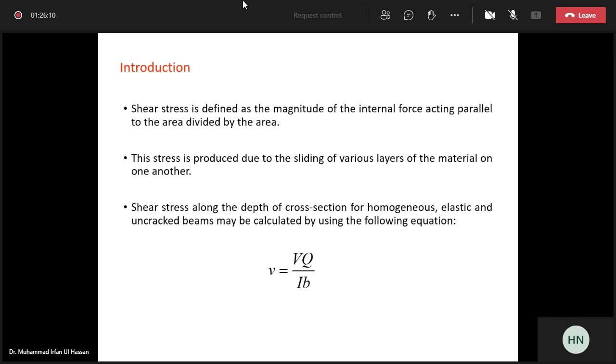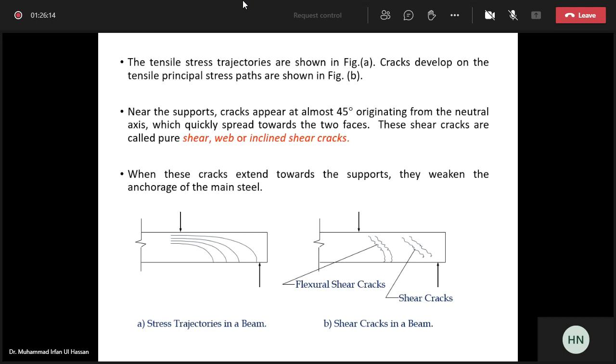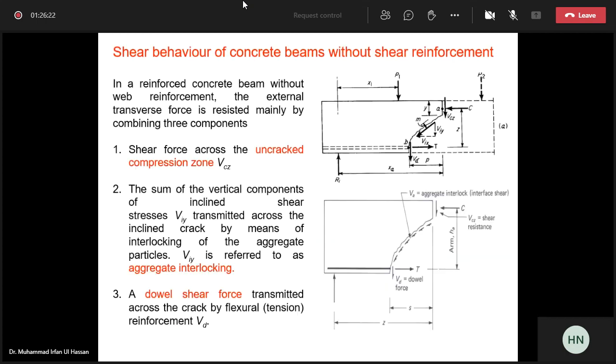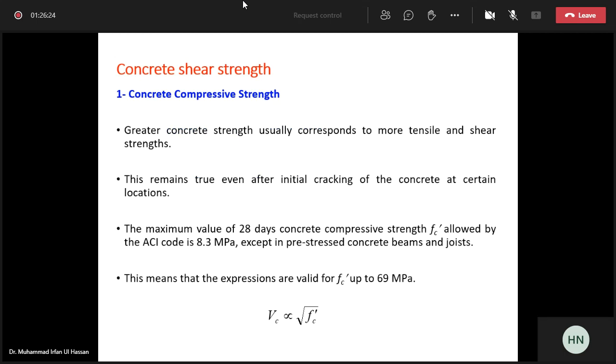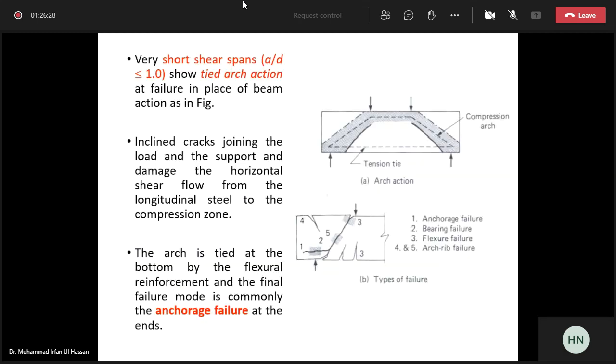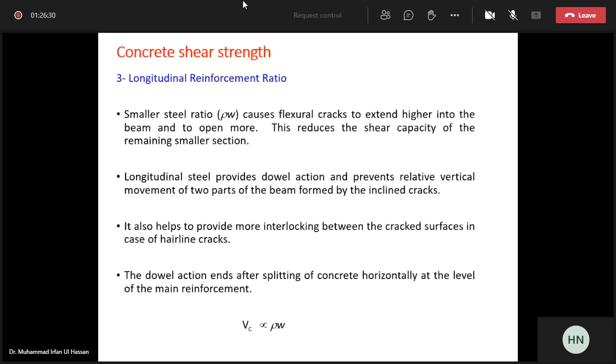You can see here that there is a 45-degree angle failure plane, and if you see the shear cracks, they occur near the support. In the support region the shear is larger, and you can control the shear by increasing the depth of the beam and providing shear reinforcement.